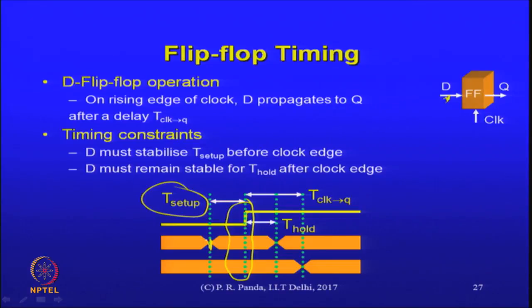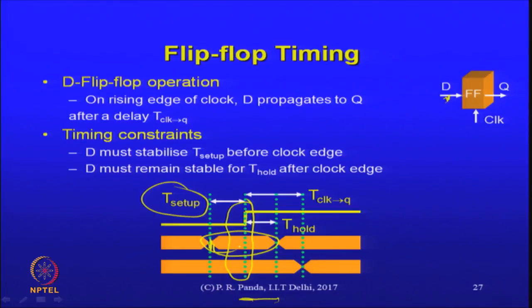So, that is one parameter we do need to take care of. There is a hold time, which essentially requires us to keep that D input stable past the rising edge of the clock. So, it has to be stable for that much time, some setup time before the clock edge and hold time beyond the clock edge.